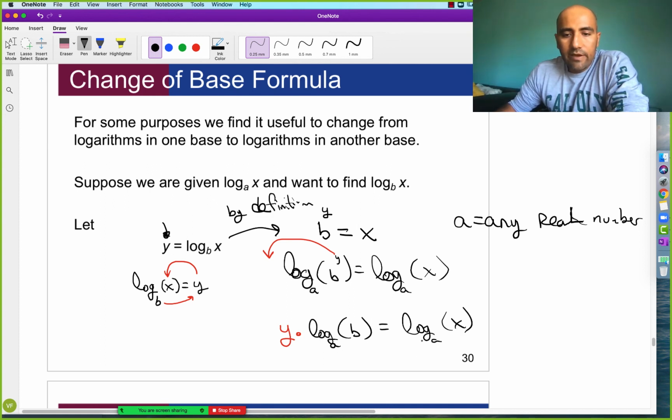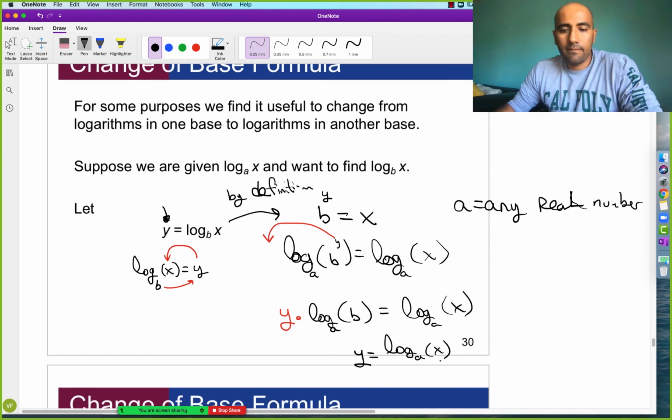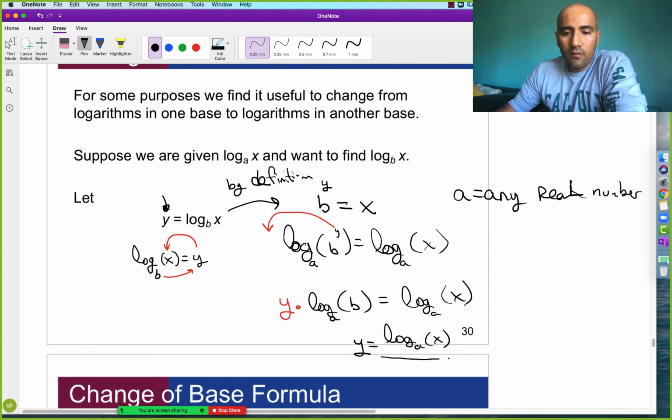And finally, we can divide both sides and say that y is equal to log base a of x divided by log base a of b. Good, good, good. Questions?